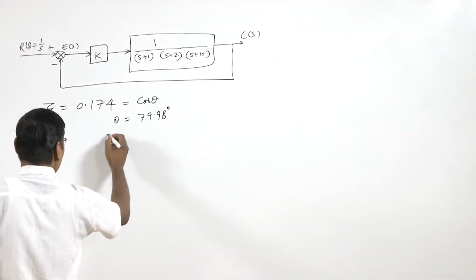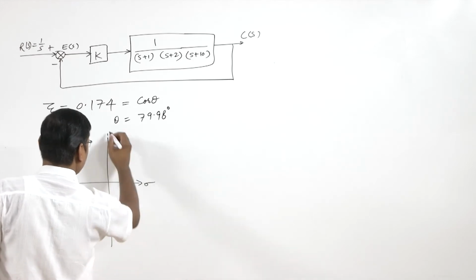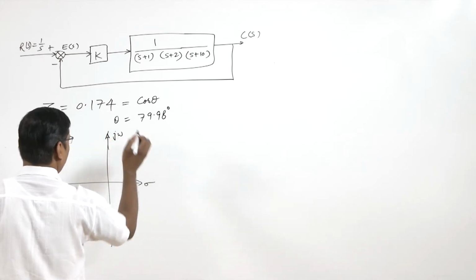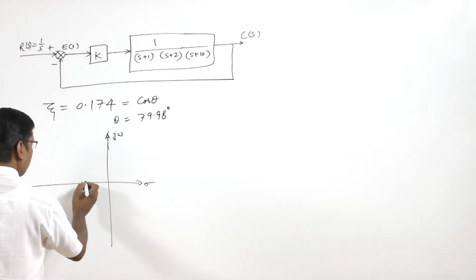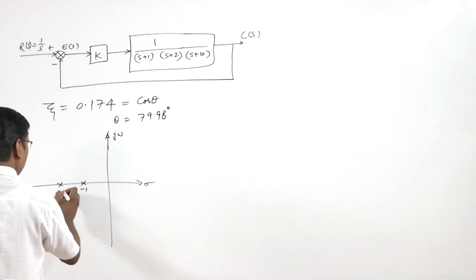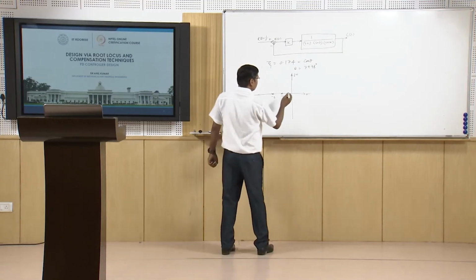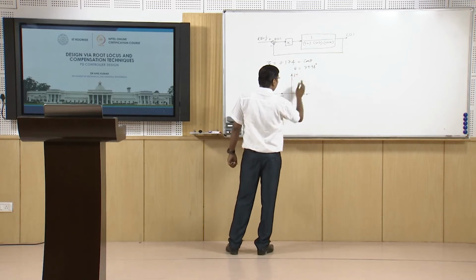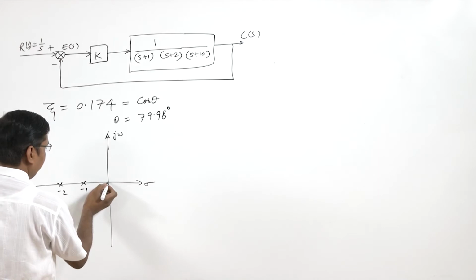If we plot the root locus for the uncompensated system, this is sigma, j omega, we have -1, -2, and let's have -10. This is theta equal to 79.98 degrees from here.